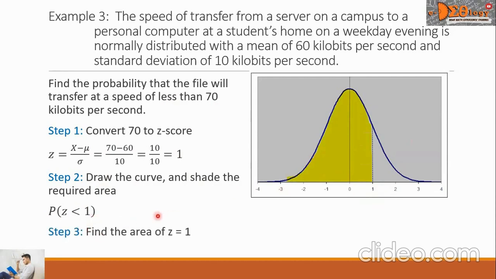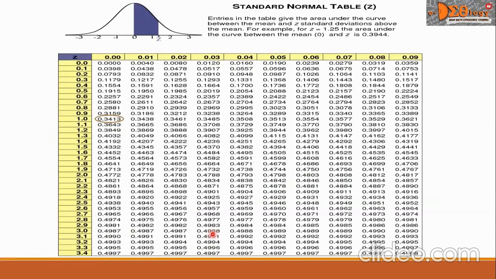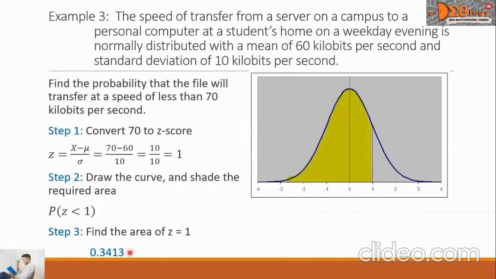Step 3, find the area of z equals 1. In the table, that value is 0.3414. We copy this value in our step 3 answer here. But take note that this area described from 0 to 1 only.